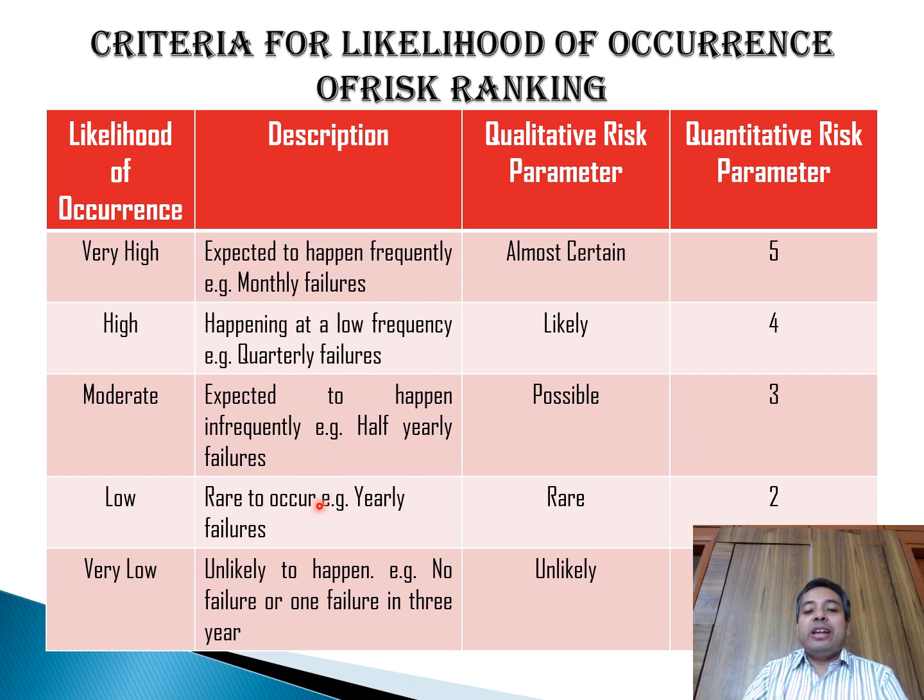If the failure is rare to occur, for example once in a year, then the score can be given as 2. If the failure is unlikely to happen, for example no failure or one failure in 3 years, then the score can be given as 1. So this is about criteria for likelihood of occurrence of risk ranking. I hope it is clear till now.